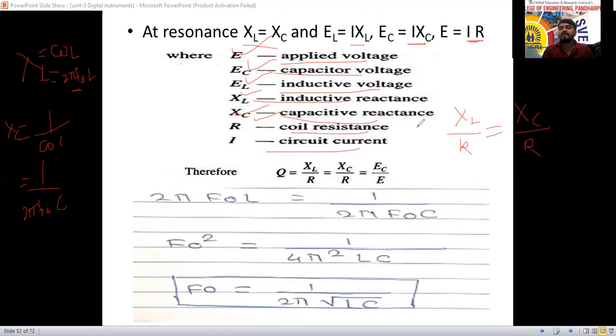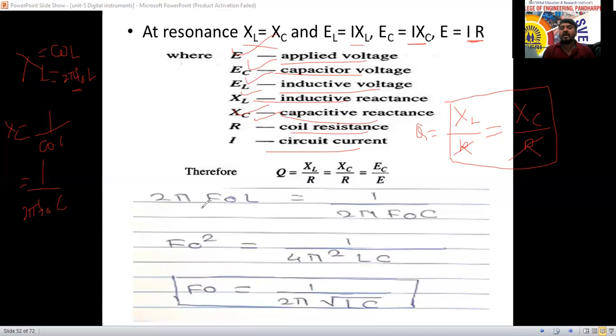Q equals XL by R equals XC by R. Now consider XL by R and XC by R. Here the 2 will cancel, and R and R will cancel. So XL equals XC.